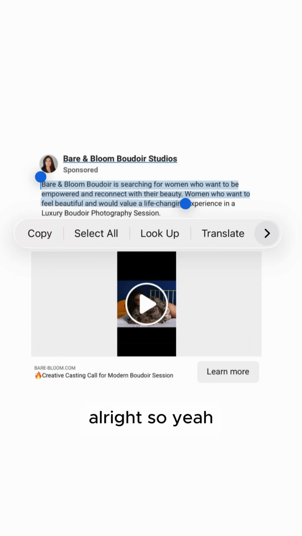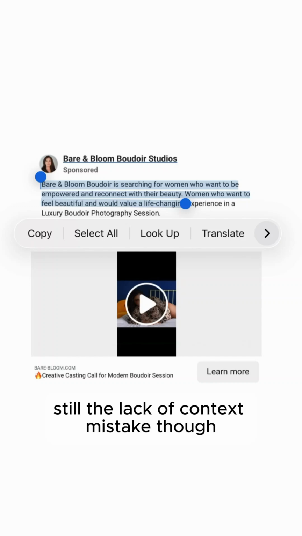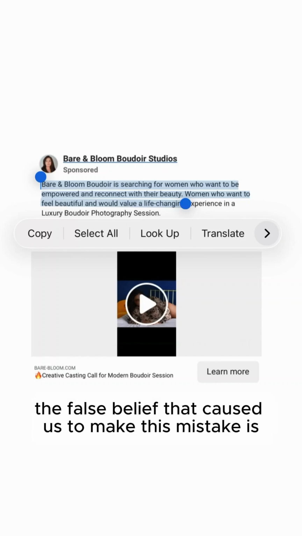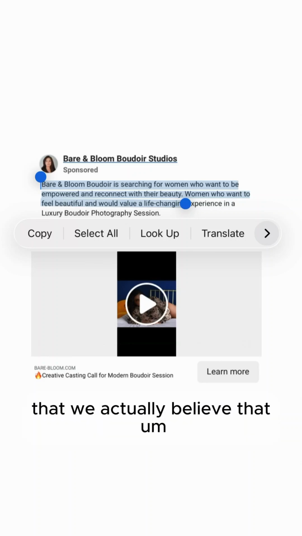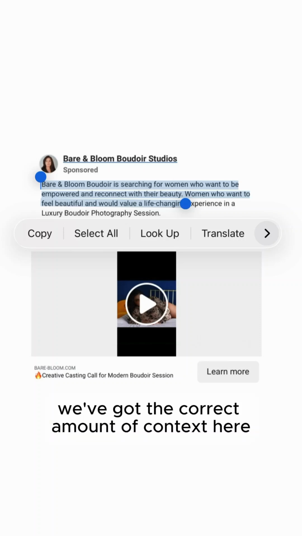All right. So yeah, we've got half the necessary context here. Still, the lack of context mistake, though. The false belief that caused us to make this mistake is that we actually believe we've got the correct amount of context here.